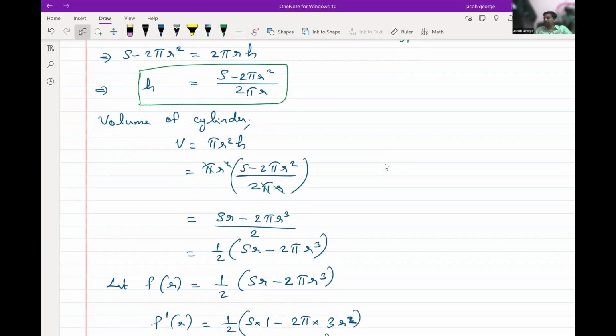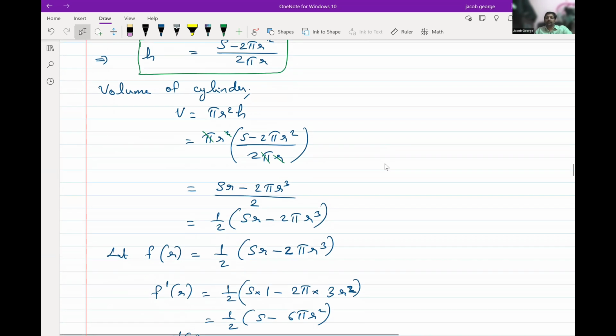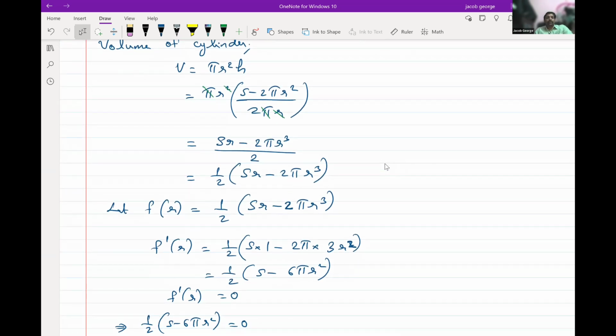Then our usual steps. Find out f of r is equal to half into s r minus 2 pi r cube. Then f dash r is equal to half into s into 1 minus 2 pi into 3 r square.